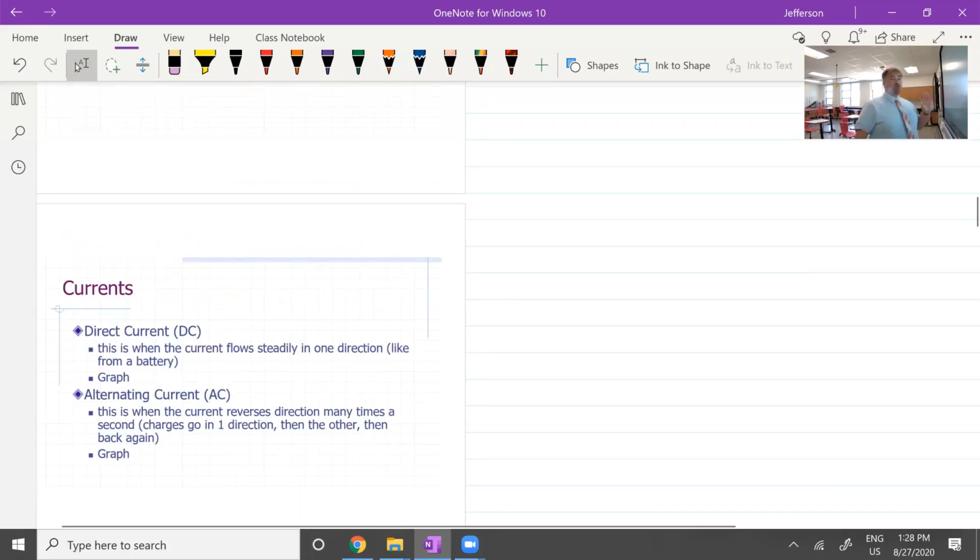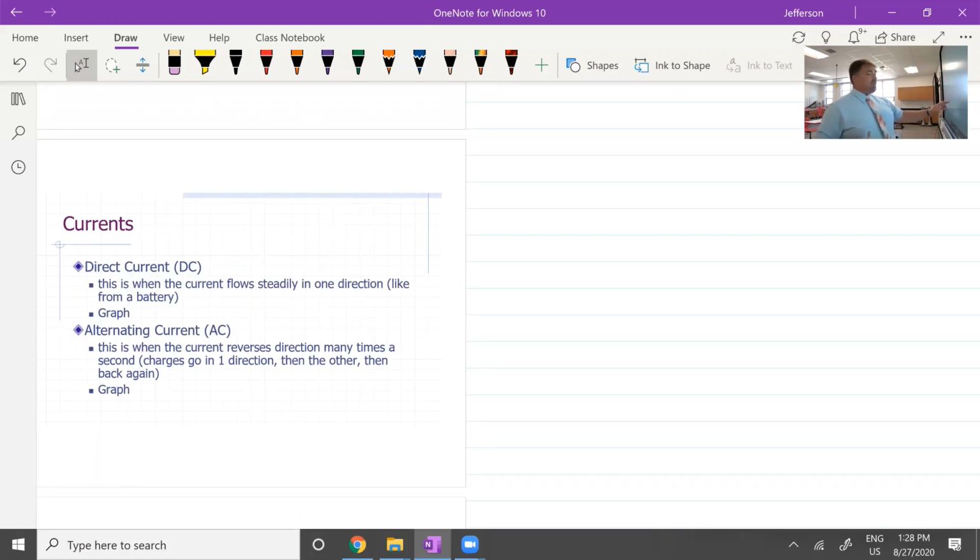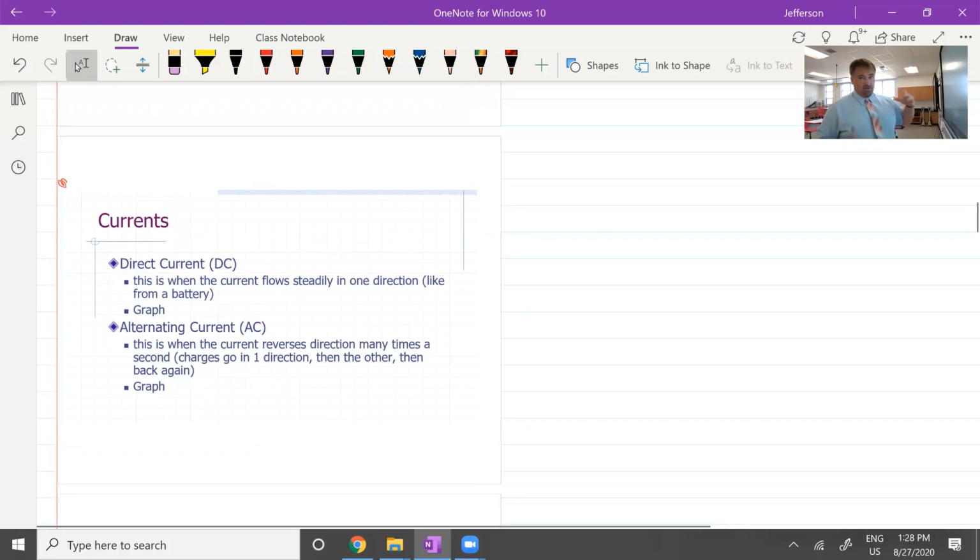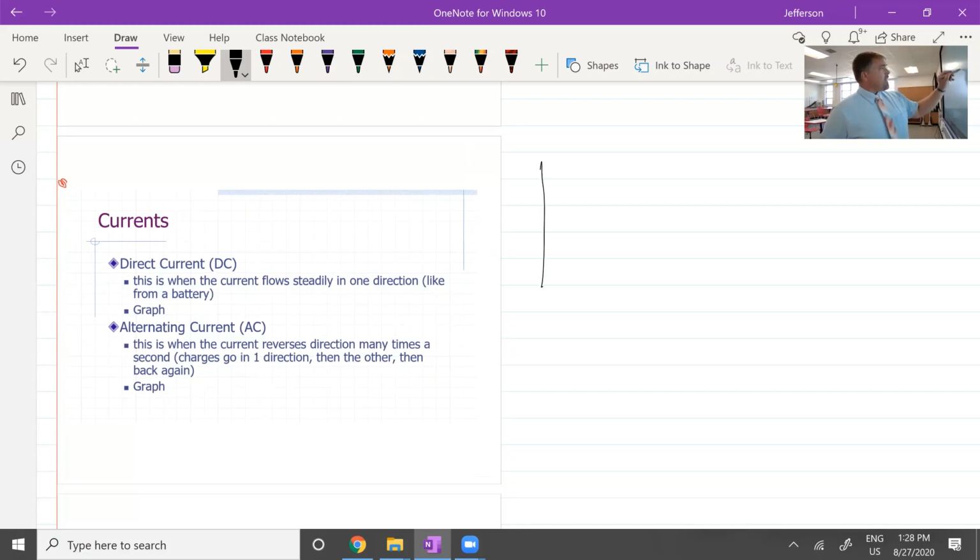Now, there are two types of currents that we are going to look at. Okay? In this chapter, we're going to focus on one of them. But there are two types of currents that we use in the world. And the first is called direct current. And if I were to graph this out with current versus time, this graph would look like this.